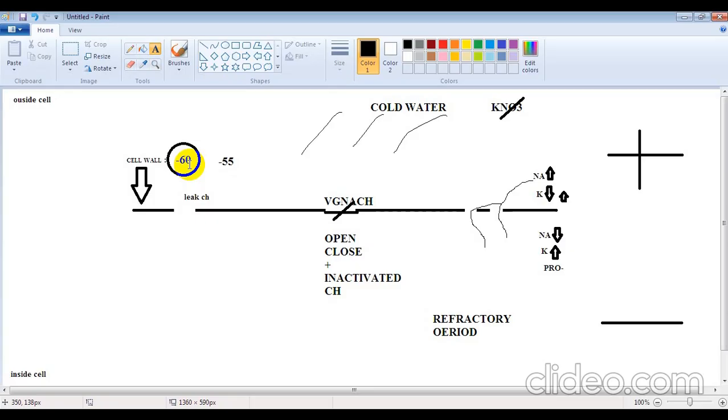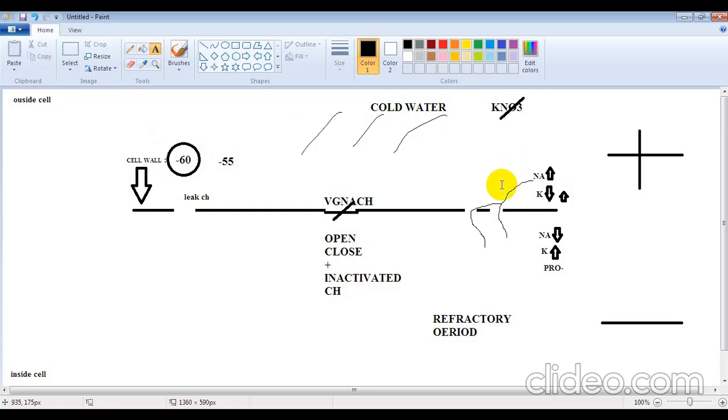I repeat it. I know it's hard to understand. Before, we said that sodium enters the cell through the voltage gated sodium channel, which opens when the cell wall charge reaches minus 55. Now we have an outer stimulus, water.